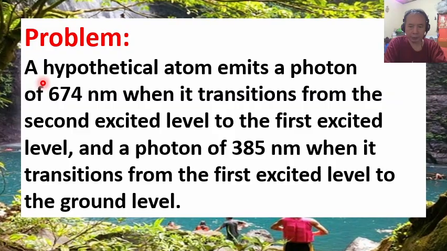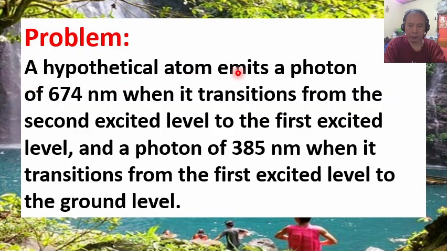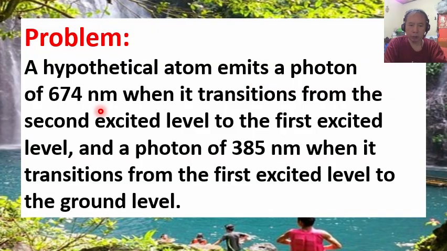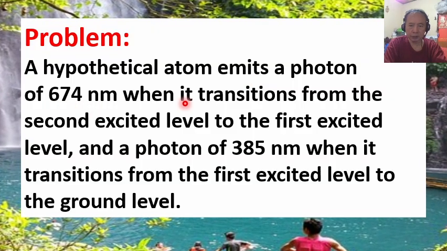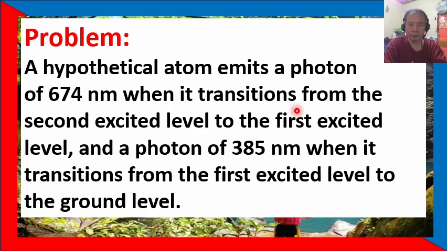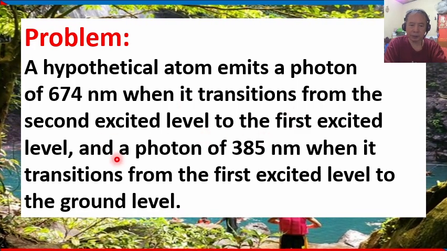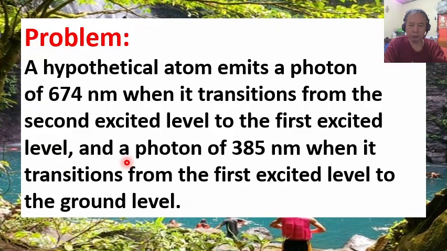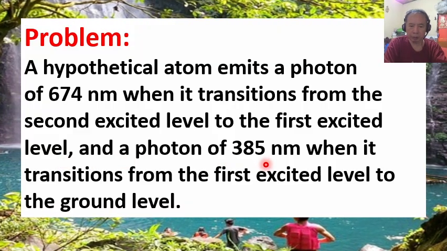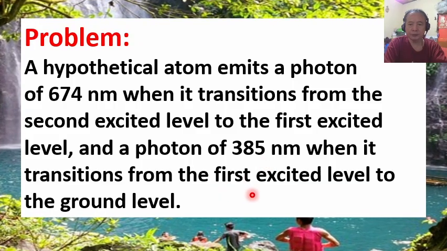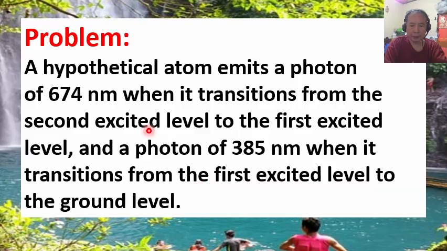The problem is: a hypothetical atom emits a photon of 674 nanometers when it transitions from the second excited level to the first excited level, and a photon of 385 nanometers when it transitions from the first excited level to the ground level.